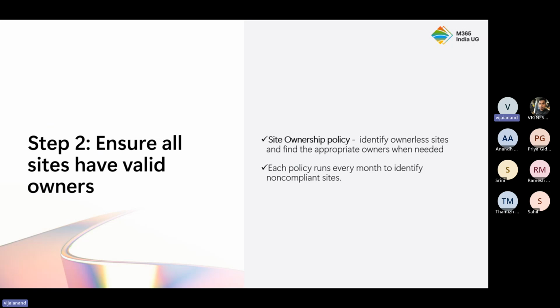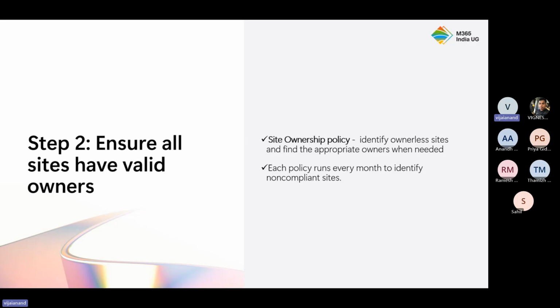When Vignesh was going through some of the key pain points, especially content sprawl and oversharing content, for content sprawl what we can do is clean up the inactive sites basically, right? We'll see how to identify inactive sites, how to generate that report, all those things in the upcoming slides.